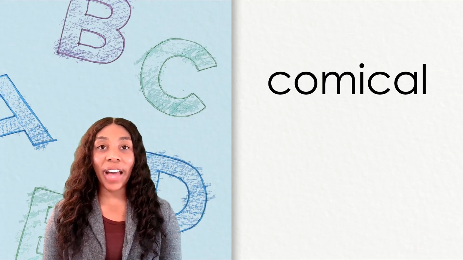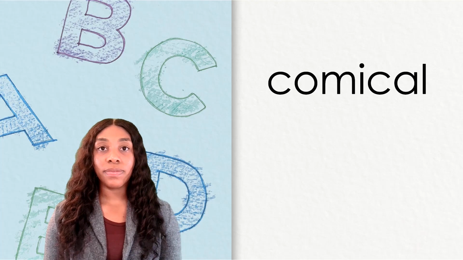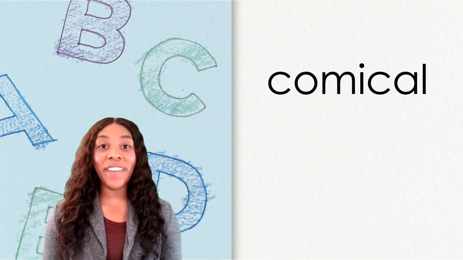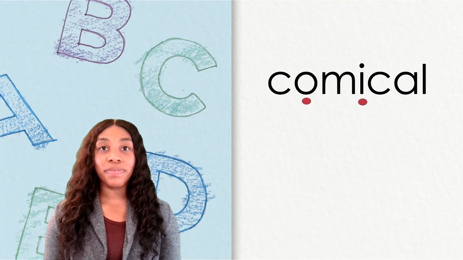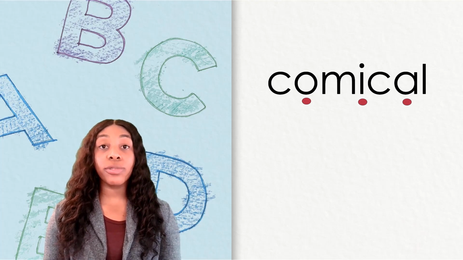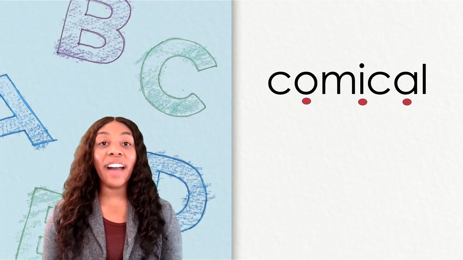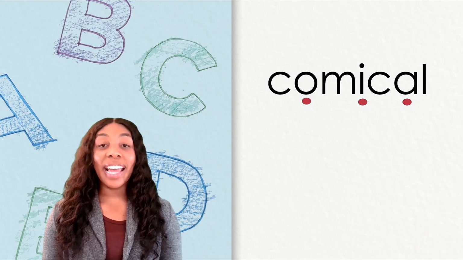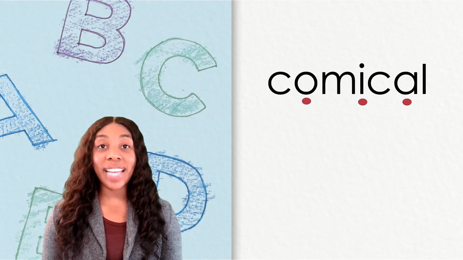Let's find the vowels. We have 3 vowels in this word. The first syllable is a closed syllable, so it will have a short O. In the next syllable, we see the letter I, and it will say its short sound.